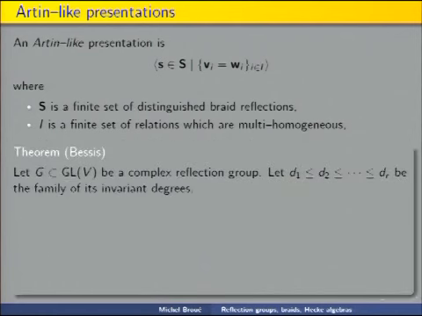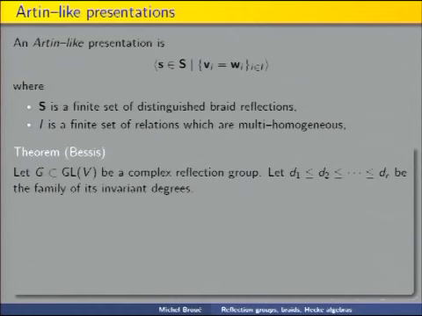Now comes one of the long series of theorems by David Bessis, and let me maybe state the theorem and make a few comments. Let G be a finite complex reflection group, and let d1, d2, ..., dr be its family of invariant degrees. Remember what is this?